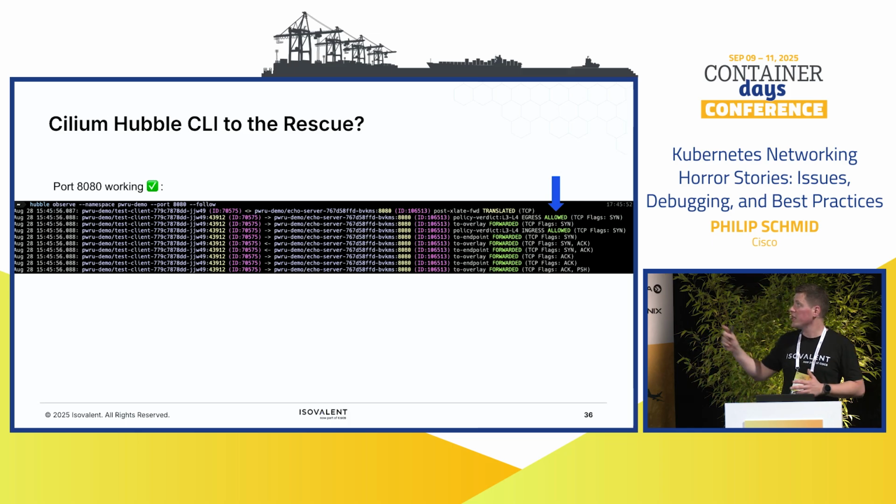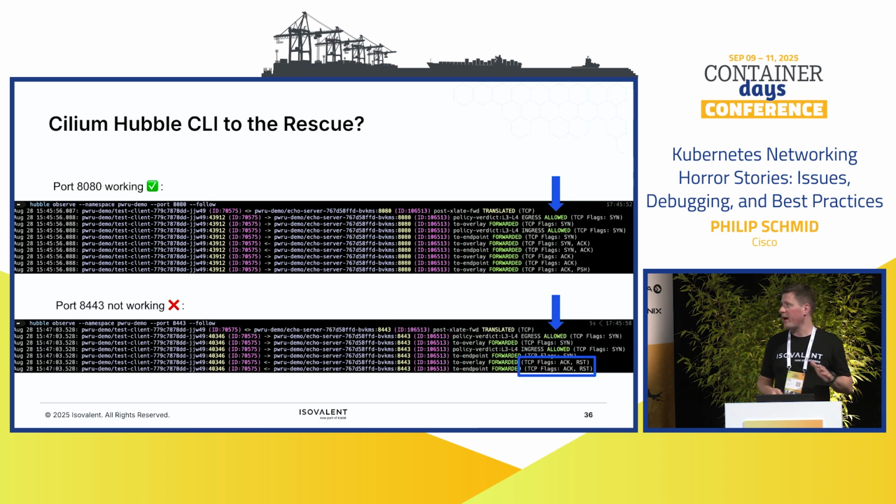And beautifully, you see not only egress, but also ingress direction, followed by a proper TCP handshake communication. So here, for our working port, all good. However, if you compare that to our not working port, we already have the verification that it's for sure not a Cilium network policy issue, because for both sides, for egress and ingress, we see an allowed there.